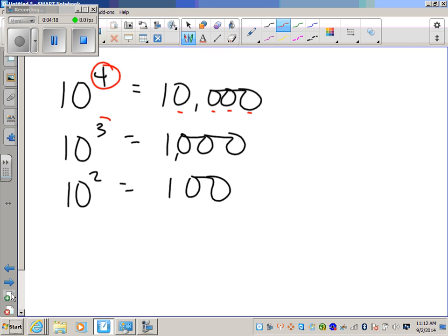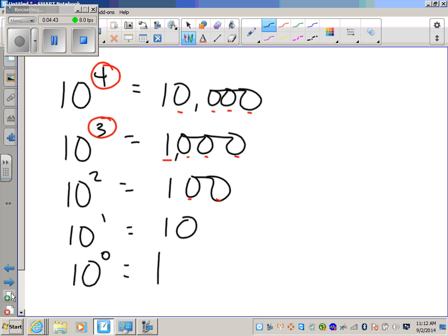If it's 10 to the 3rd, we're going to have our 1 with 1, 2, 3 zeros after it. 10 squared, 2 zeros. 10 to the 1st is going to be a 1 with how many zeros after it? Just 1. 10 to the 0 is going to be a 1 with how many zeros after it? Just 1.